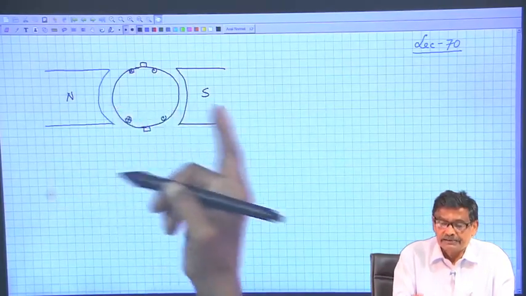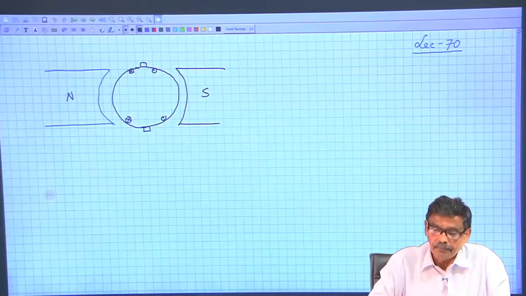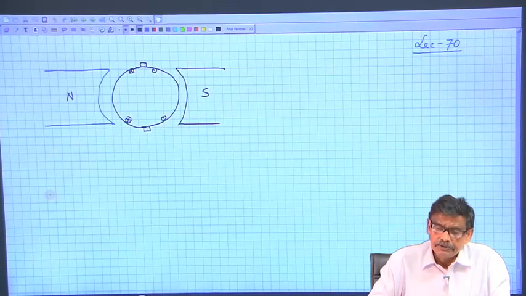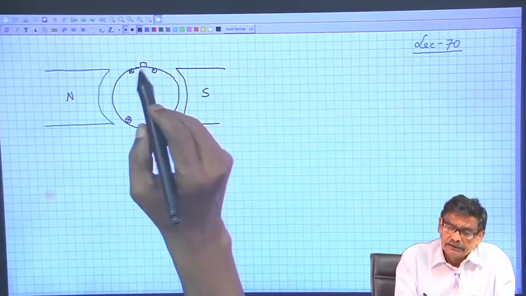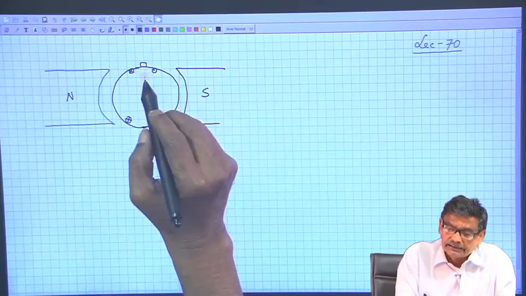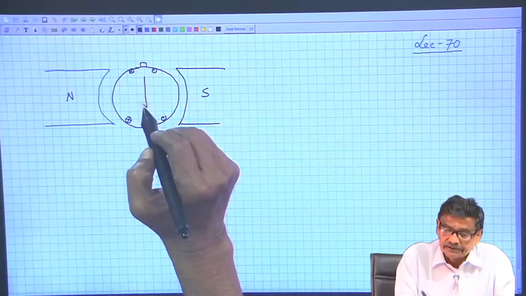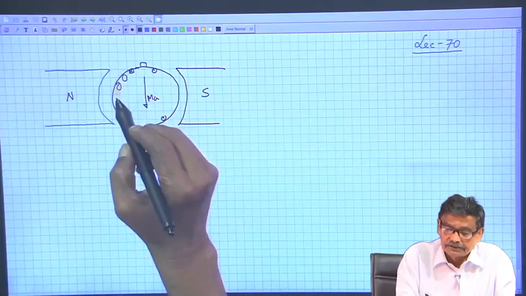Therefore, current changes from plus I to minus I. And mind you, there will appear a quadrature axis flux along this direction, MA, because of so many conductors.